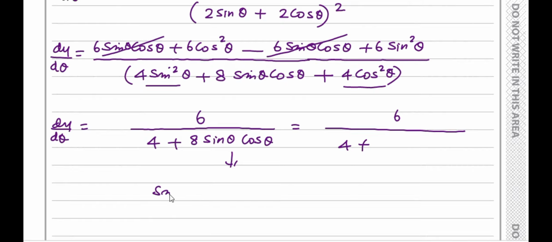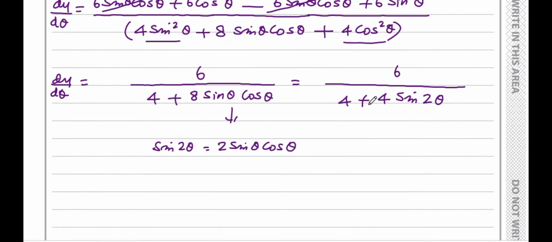You know that sine 2 theta is equal to the double angle expansion 2 sine theta cos theta. So 1 sine 2 theta will be giving us 2 lots of sine theta cos theta. So if there are 8 lots of sine theta cos theta, it means it will be how many lots of sine 2 theta? 4 lots of sine 2 theta. Okay, so that is the correct answer.